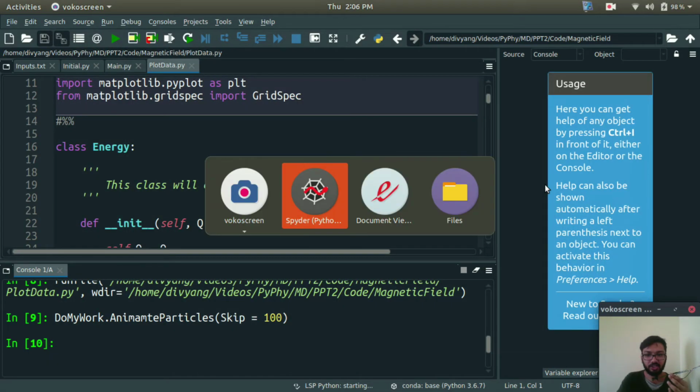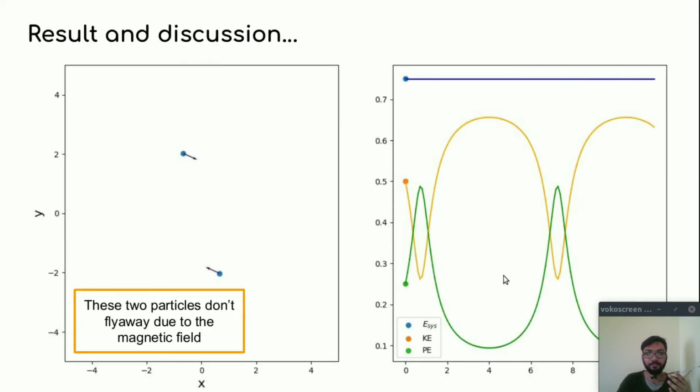So let's jump to result and discussion. Okay, so we have noticed that these two particles don't fly away due to the magnetic force. The electric field tries to repel these particles due to their charges, but this magnetic force tries to bind this system.